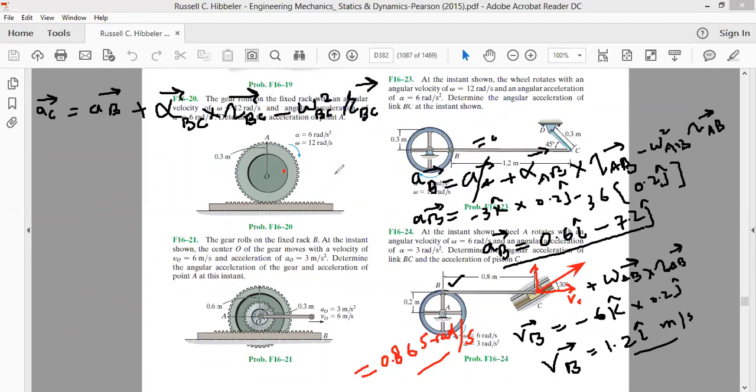Acceleration of C is in this direction. It can again be resolved into two components, AC cos 30 along the x-axis and AC sin 30 along the y-axis.